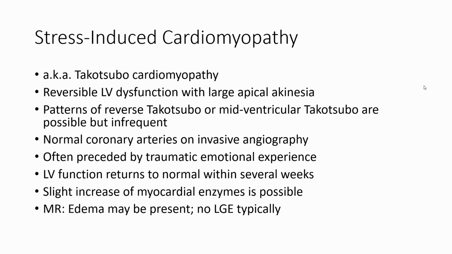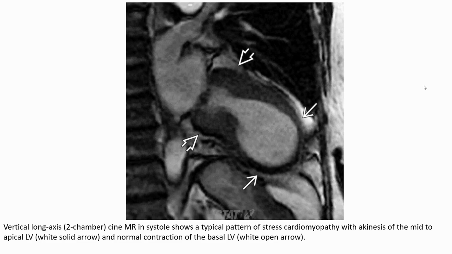On MRI, edema may be present, with no late gadolinium enhancement. This vertical long axis image in systole shows a typical pattern of stress-induced cardiomyopathy, with akinesis of the mid to apical left ventricle, while the solid arrow indicates normal contraction of the basal left ventricle.